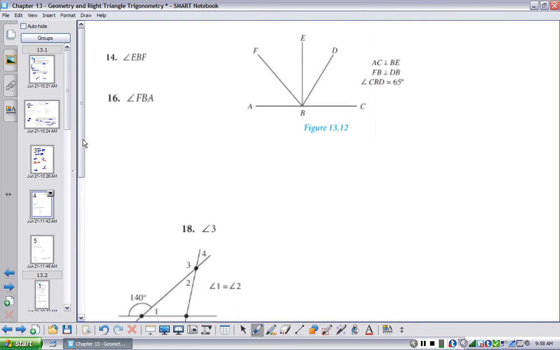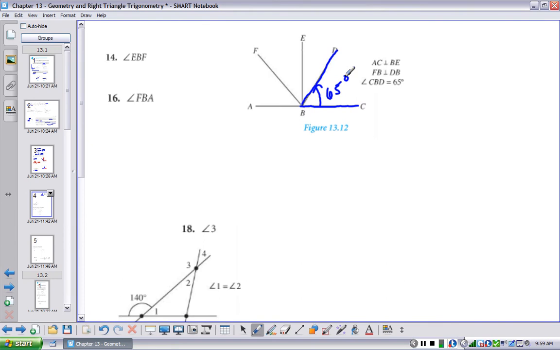Now we have a picture here in figure 13.12, and we have some things going on. They tell us that the angle CBD is 65 degrees.